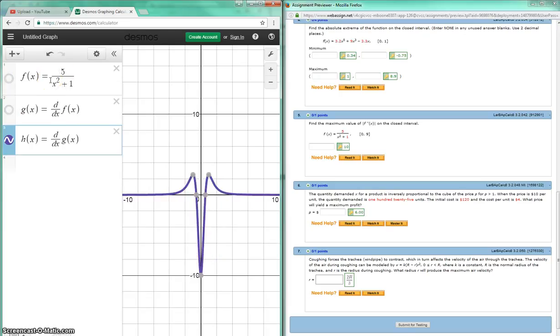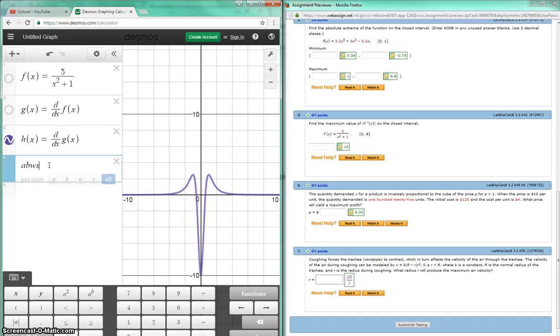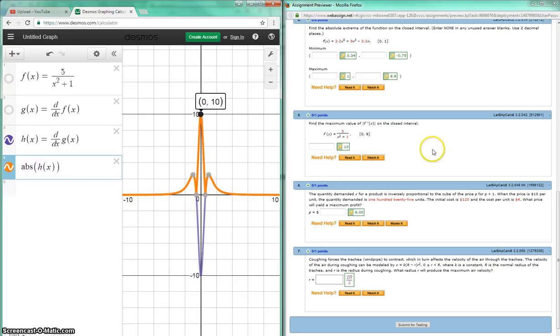So this was my original function, this g is my first derivative, and h is now my second derivative, my derivative of my first derivative. But now if I wanted to do the absolute value of it, let's just do that. And so I get this purple line. It asks for the max, and I can clearly see that the maximum occurs at 10.